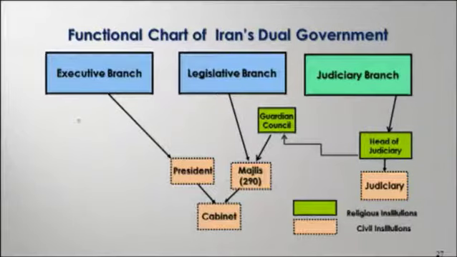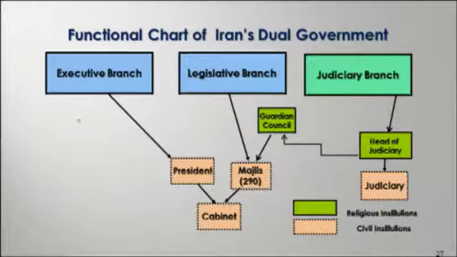Next is the Guardian Council that we discussed, and the Guardian Council is by far one of the most influential bodies in the government. Almost since its inception, it has been under the control of the conservative elements among the ruling elites and increasingly under the hardliners.